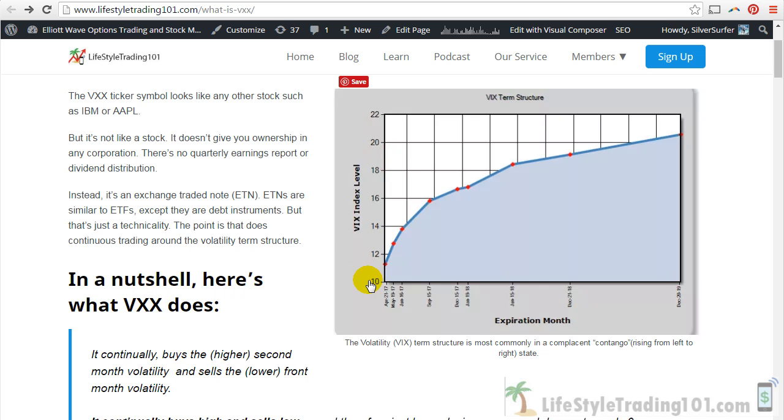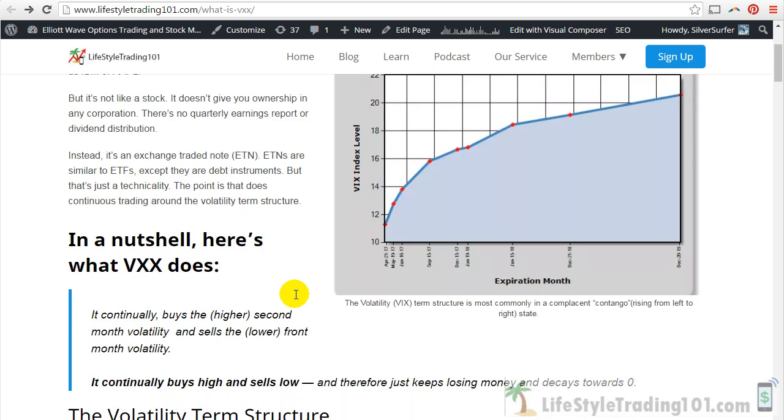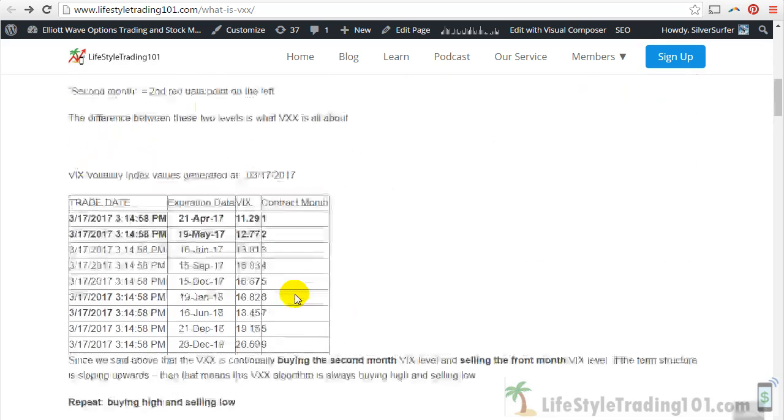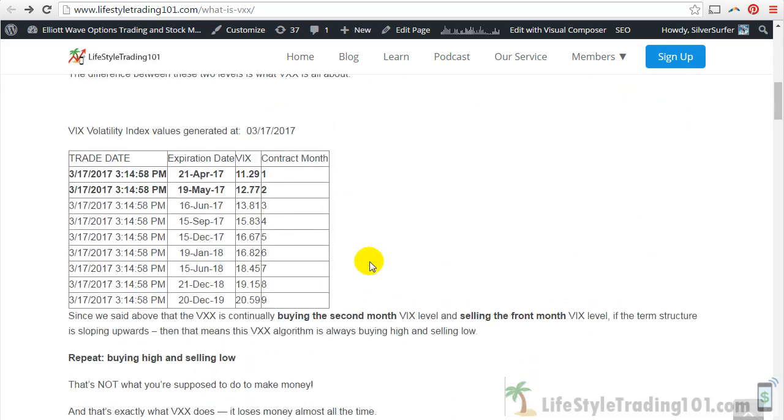But as long as the market is in a complacent environment, which on the time frame of this is 2017, going back to 2009, for the past 8 years or so, the market has been largely complacent, with this upward sloping term structure, for which the fancy word is contango.